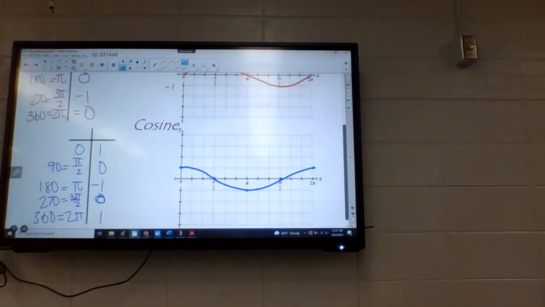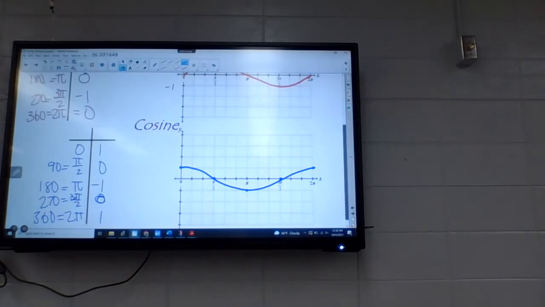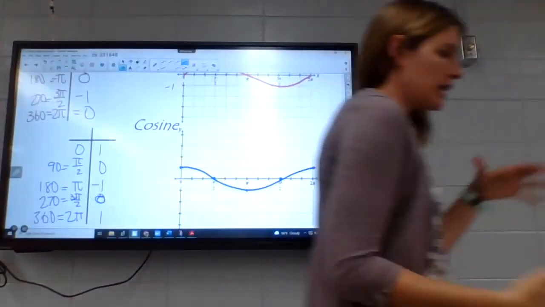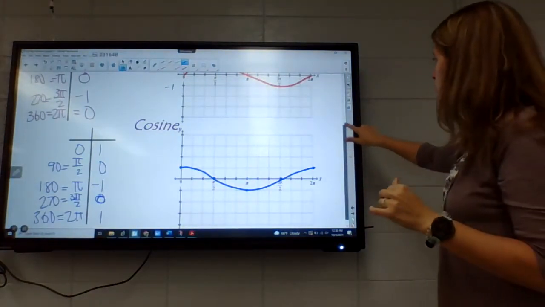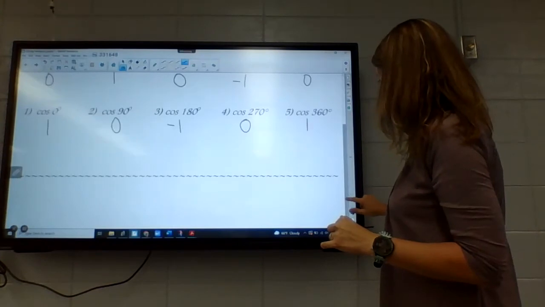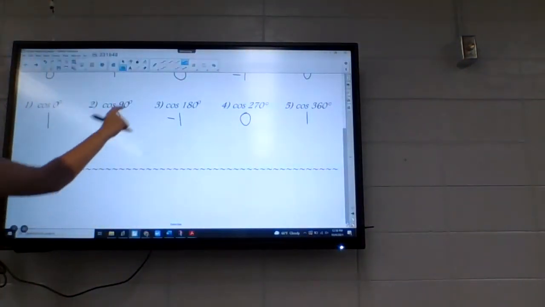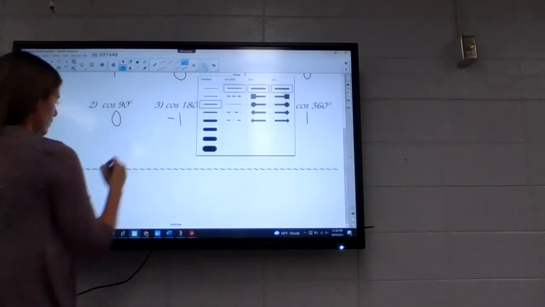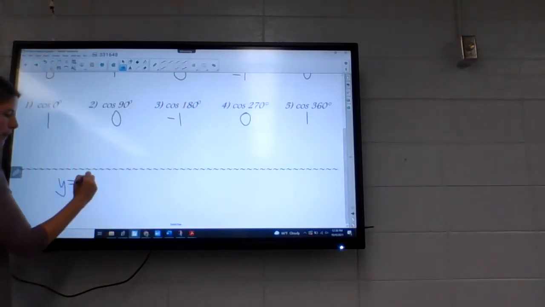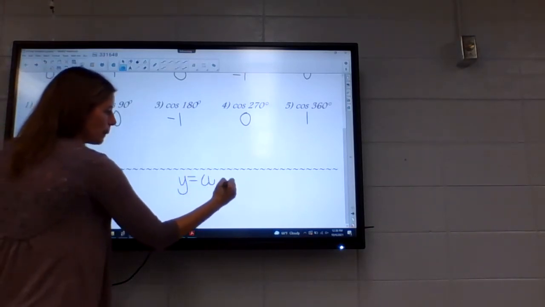I do want you guys to try these in your calculator. I want you to practice sine and cosine in your calculator. But we have to figure out what settings to use. So that's what we need to get used to. I'm going to write it down here. I essentially want you to put y equals sine of x in, and then y equals cosine of x.